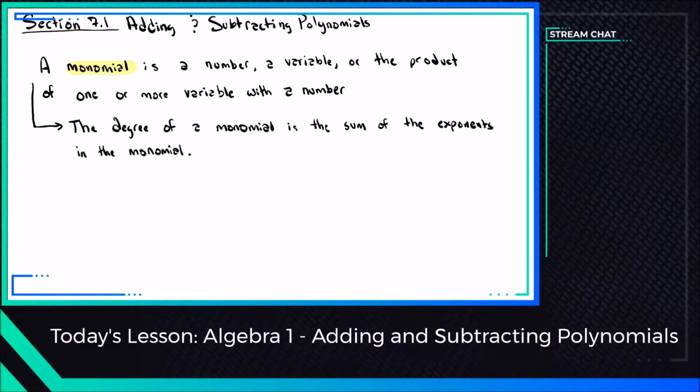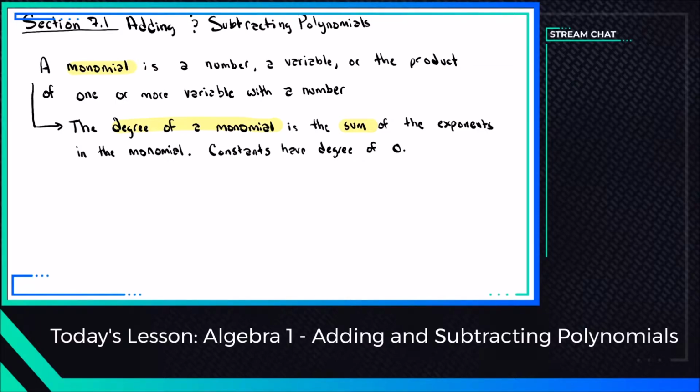And so constants, so any whole number, they just have a degree of 0. And so this degree term is important for helping us order and make nice looking polynomials. And we have to remember this is going to be the sum of the exponents.